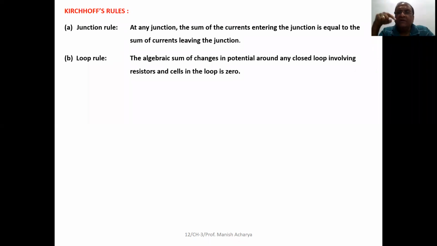So in the closed loop, if we take the algebraic summation of the changes in the potential differences across each component, it implies that we are taking the change in energy of the unit positive charge when it is moving from one end to the other end of the component.